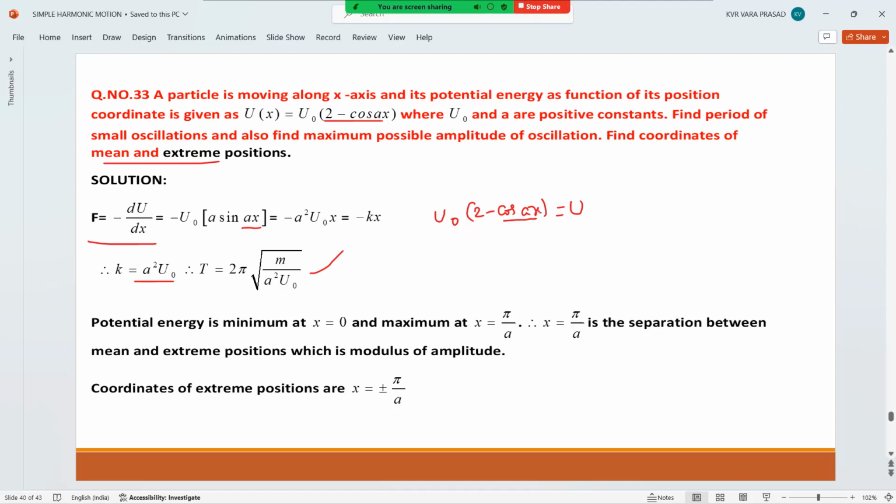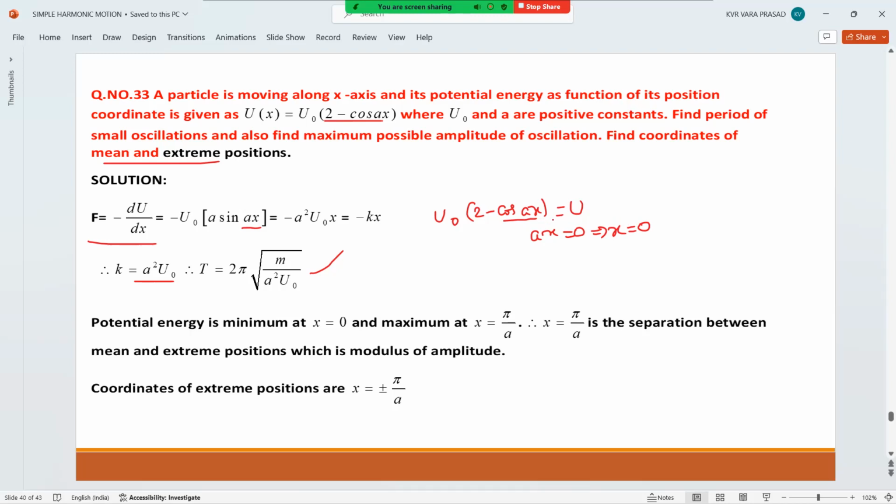I am repeating, the potential energy becomes minimum when the cos function becomes maximum. And the cos function's maximum value is 1. That means it becomes maximum when ax equal to 0 or 2 pi or 4 pi and so on. Let us take ax equal to 0. That means x equal to 0 corresponds to the mean position.